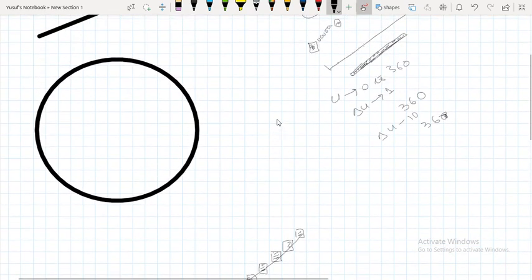Similarly, if I want to draw a circle, first I am starting the circle from here. First it will color this pixel black.